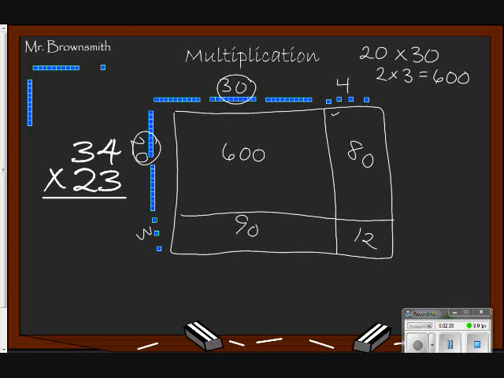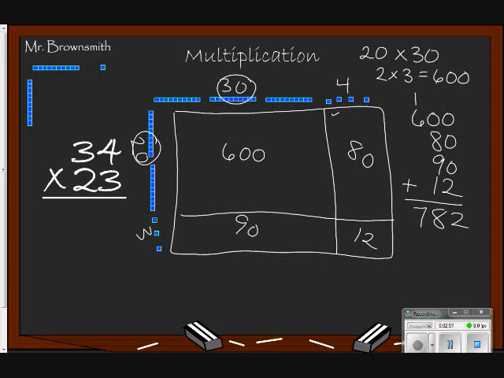And I'm going to add up all those numbers, and if I add them up correctly, I'm going to get the answer to my multiplication problem, 34 times 23. So if I take 600, and add 80, and 90, and finally 12, and I add those all up, I'll get my final answer, 782.